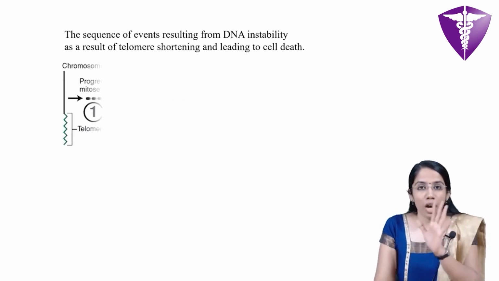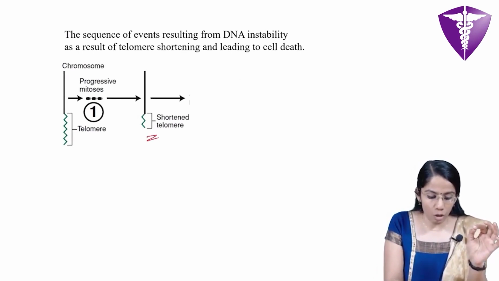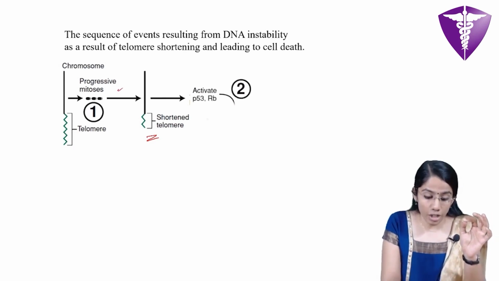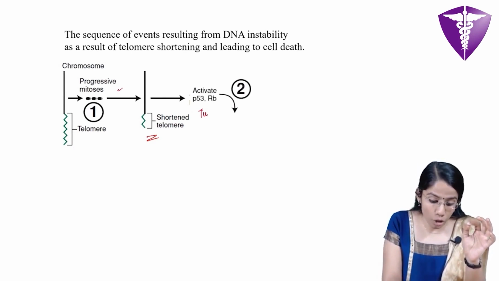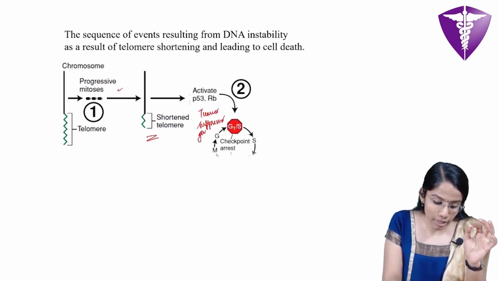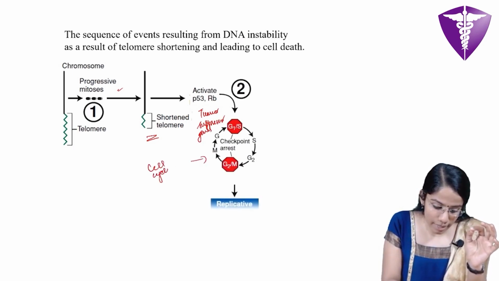This flowchart shows how it actually occurs. Here we can see shortening of telomere occurring with progressive cell division, and it leads to activation of tumor suppressor genes, that is p53 and retinoblastoma gene, which leads to cell cycle arrest.